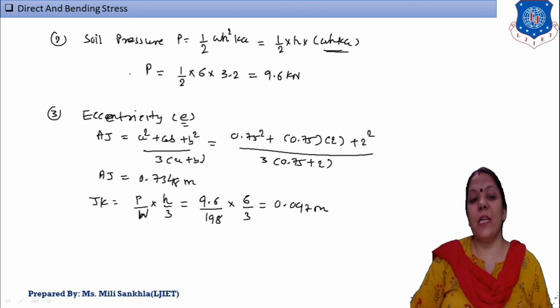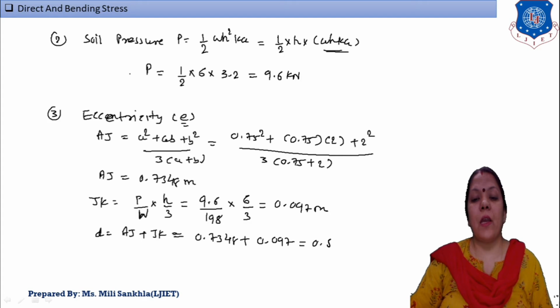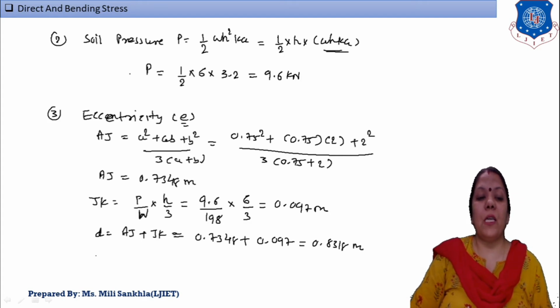Next we find out D. D is the summation of AJ plus JK. AJ is 0.7348 and JK is 0.097. The summation D is equal to 0.8318 meter.